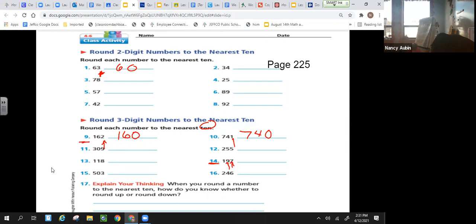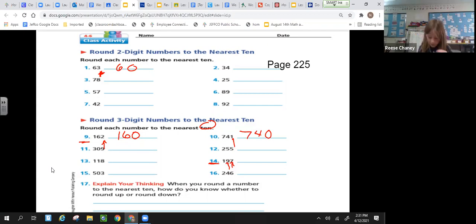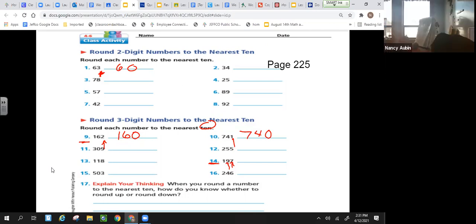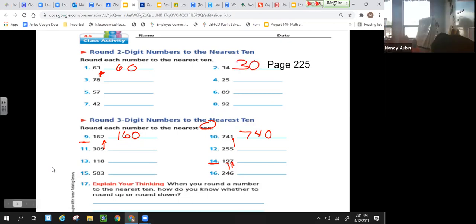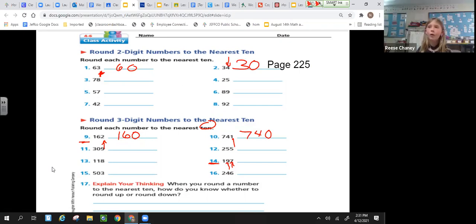Reese, can you unmute? 30. You muted again. Oh, 30. You're right, it is 30. How did you know? What did you look at? Because 4 is lower than 5, so you would round to the nearest 10, and that would be 30.